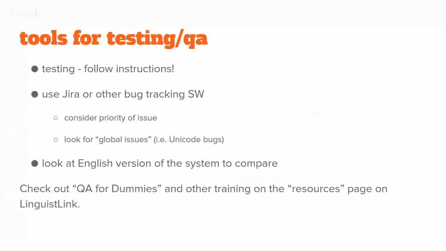And instead of spending your time and budget going page by page and capturing screenshots, it's better to log just one bug that says, global issue throughout this application, the Unicode is set up incorrectly, because that will help your developers.